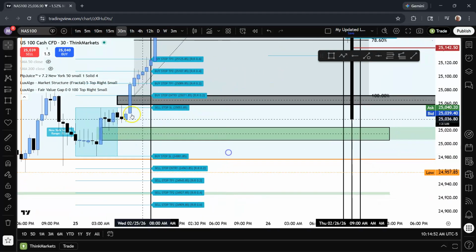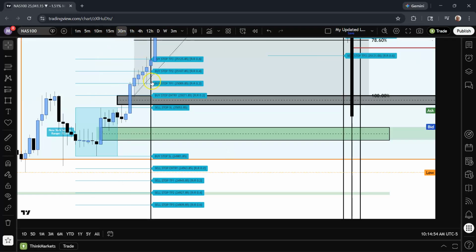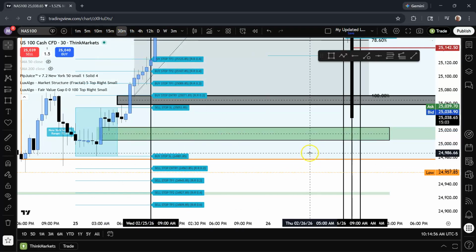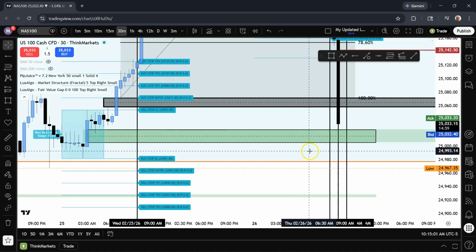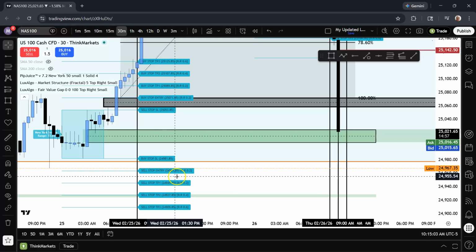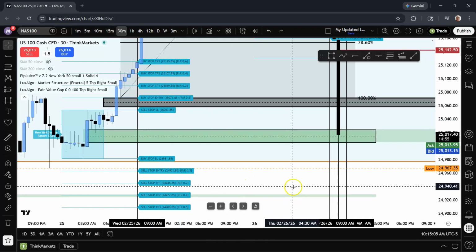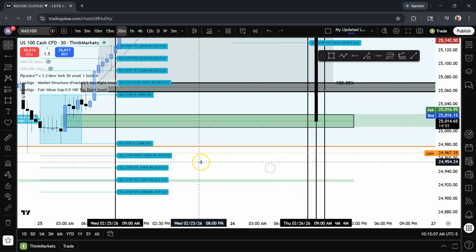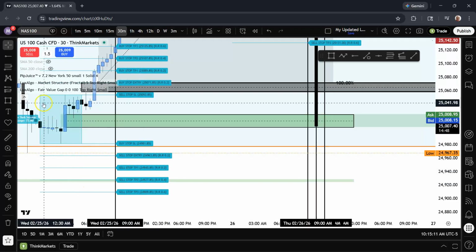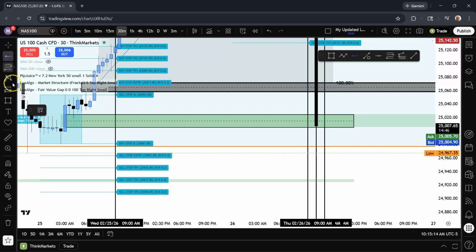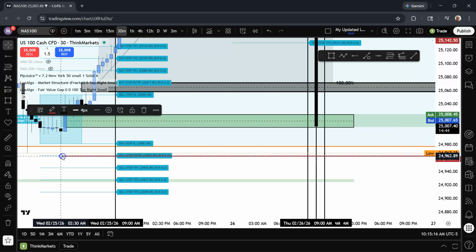Okay. Well, we also got our pip juice on here, so you know it might get closer to the areas to take a trade. If it does come down here, I'll consider taking a pip juice trade. So let me plot that out. 1.